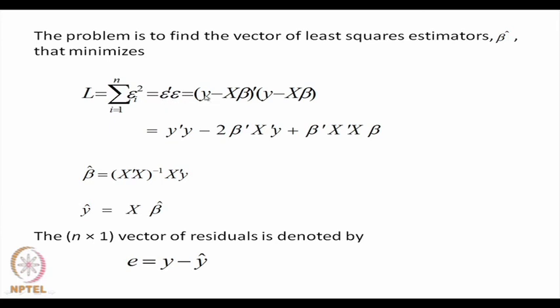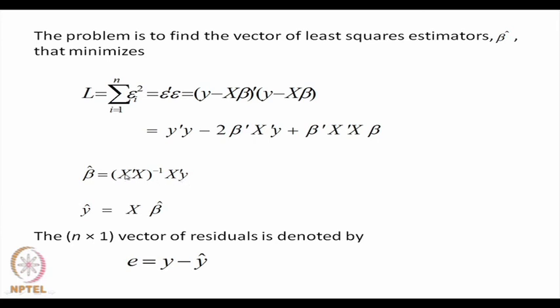What is this? This is y minus X beta transposed. Now, this will lead to y transposed y, etc. From here, without going through the derivation, we can finally get the estimate for beta, and the estimate for beta is X transposed X inverse X transposed y.